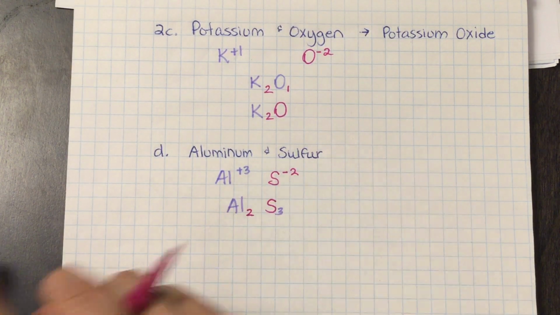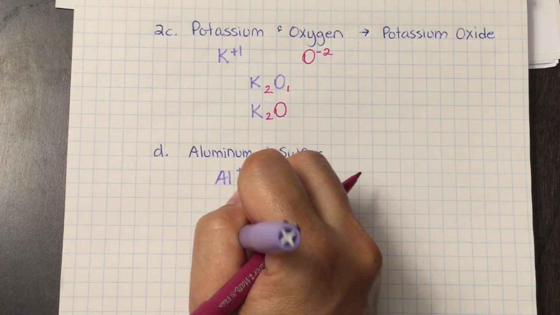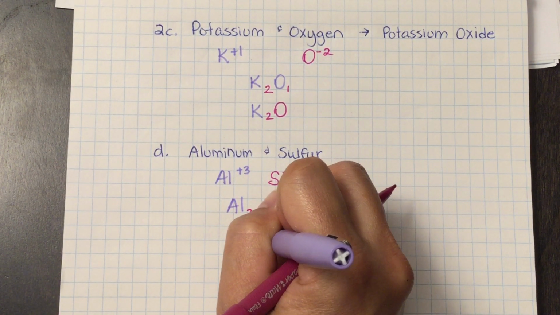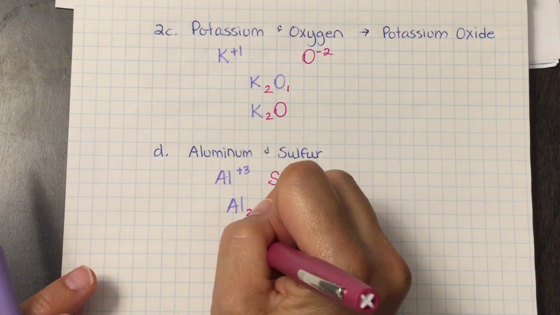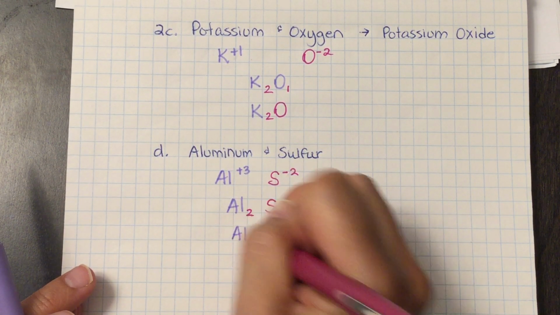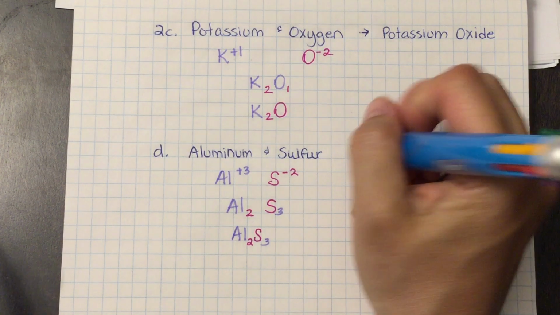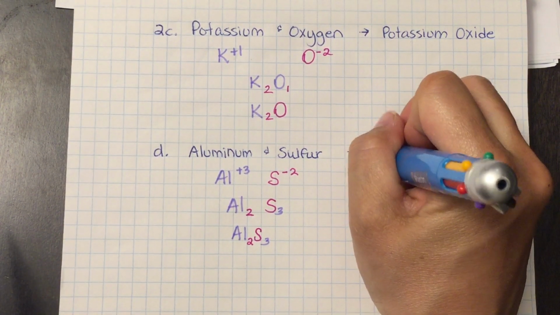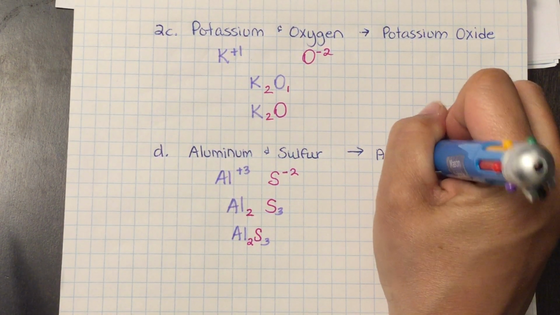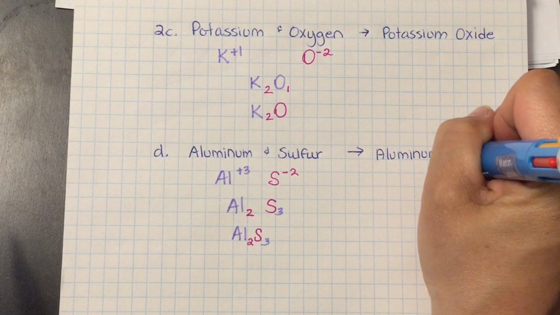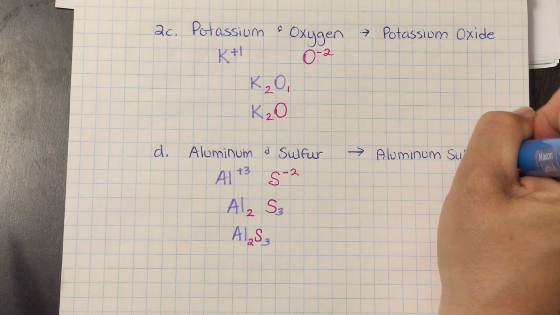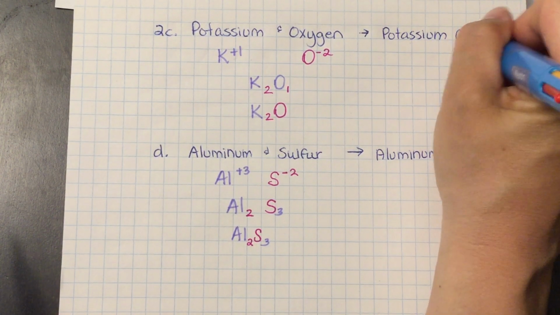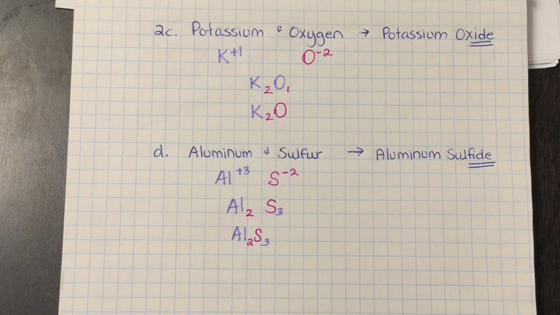Push them together, and we get Al2S3. And what's the name of it? Aluminum sulfide, right? Don't forget that ending. Okay.